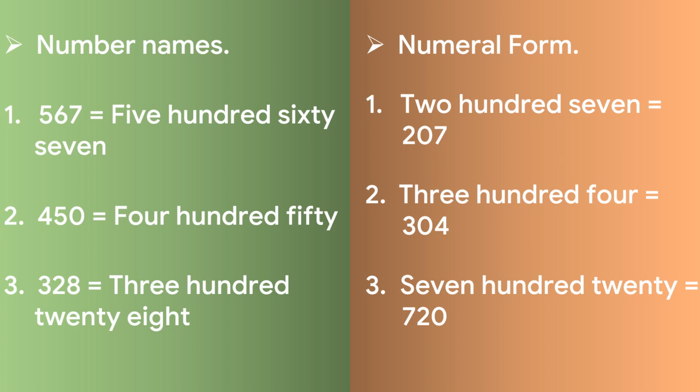Now in the place of hundreds, it's a 7. So you have to write down 7 first, and then 20, ones and tens placed together. So it becomes 20. So the numeral form for 720 is 720.